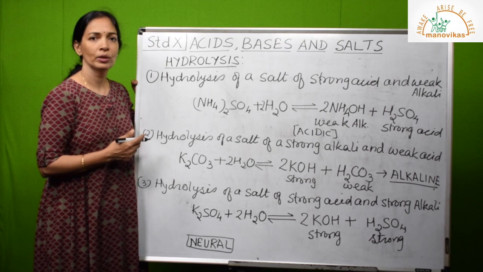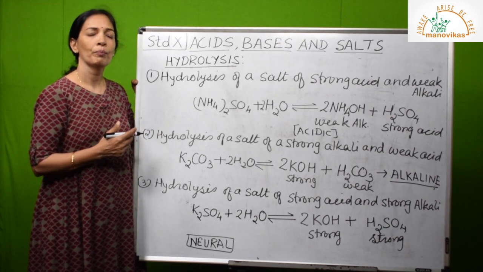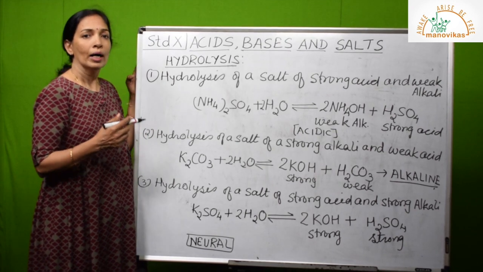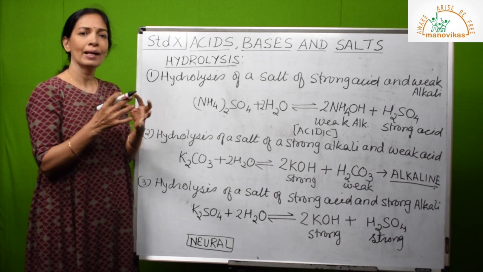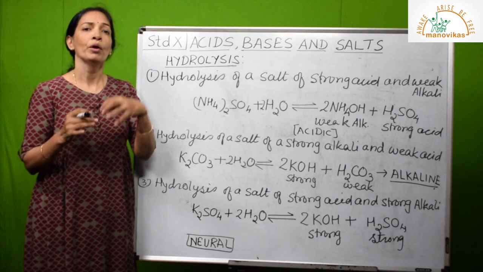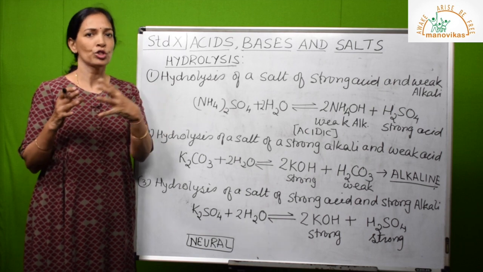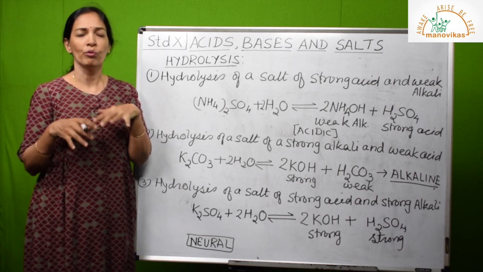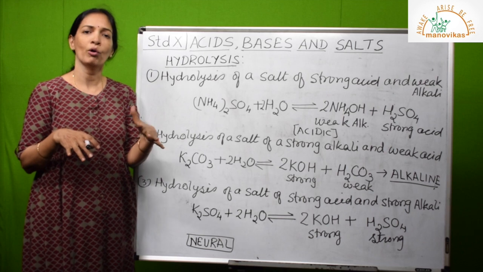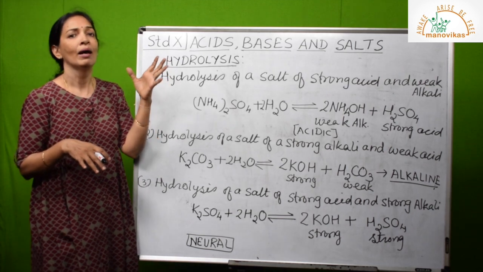Next term is hydrolysis. Hydrolysis is a process in which a salt of strong acid and weak alkali, or weak acid and strong alkali, when dissolved in water, reacts with water and forms its parent acid and alkali.